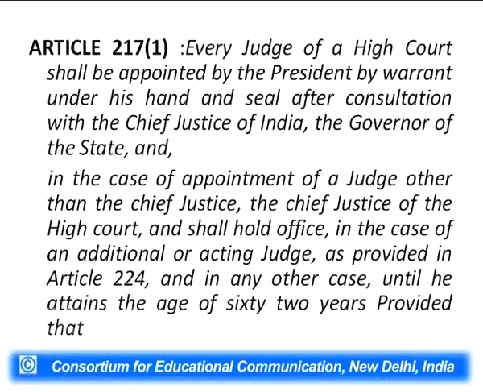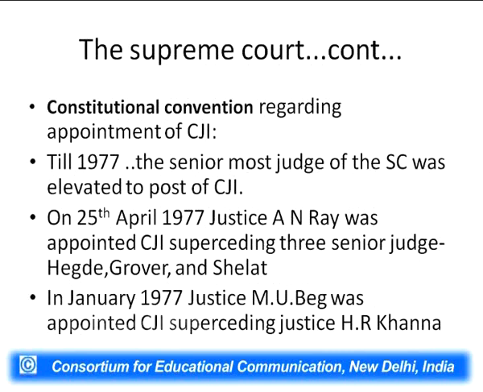Similarly, you can find the same kind of provisions under Article 217 clause 1 of the Constitution, which says that every judge of the High Court shall be appointed by the President by warrant under his hand and seal after consultation with the Chief Justice of India and the Governor of the State, and in case of the appointment of a judge other than the Chief Justice, the Chief Justice of the High Court, and shall hold office, in case of an additional or acting judge, as provided in Article 224, and in any other case until he attains the age of 62 years.